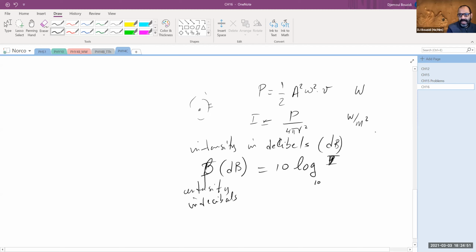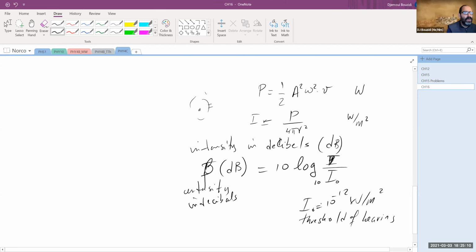Whereas this intensity is in watts per square meter, divided by I naught. And I naught by definition is equal to 10 to the negative 12 watts per meter squared. This is the threshold of hearing. If a sound has less intensity than this, you cannot hear it. This is barely the sound that you can hear.